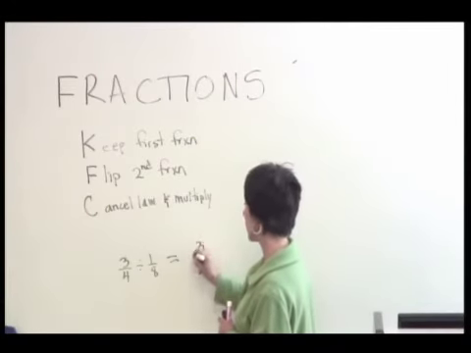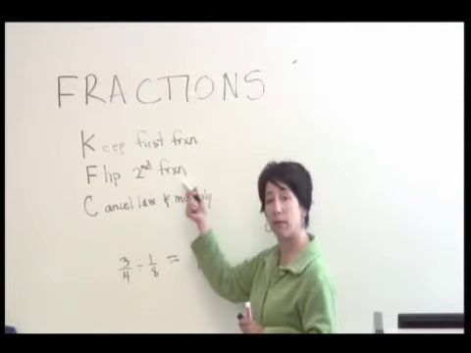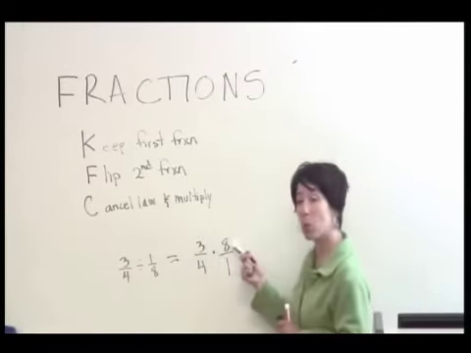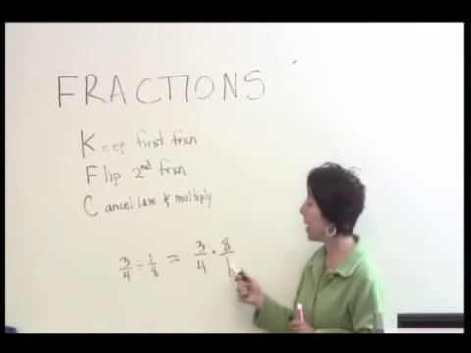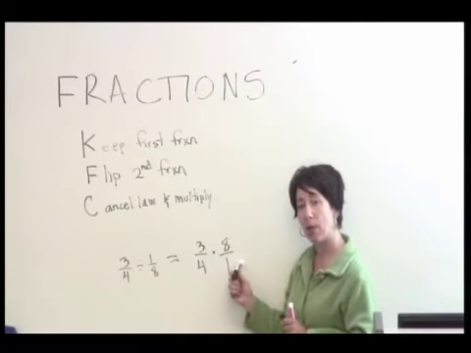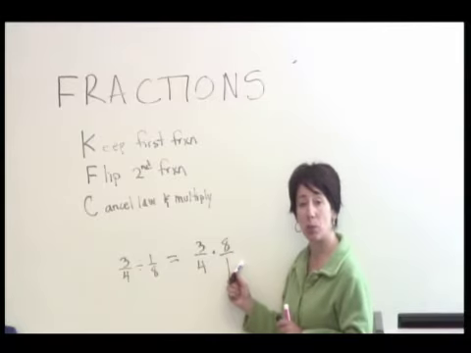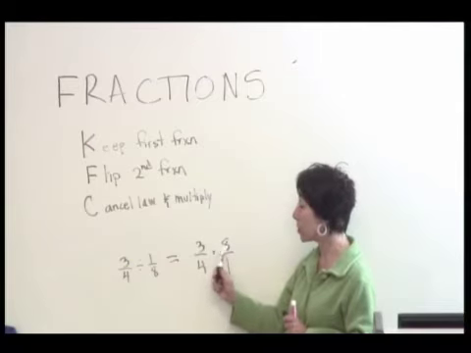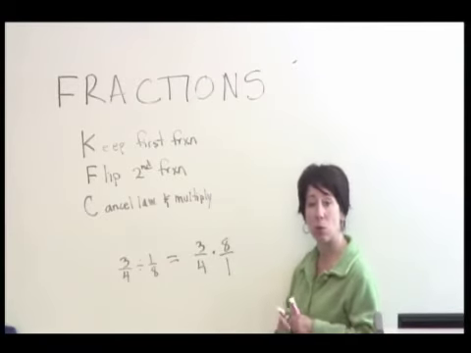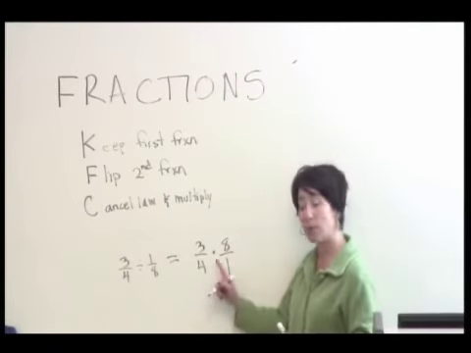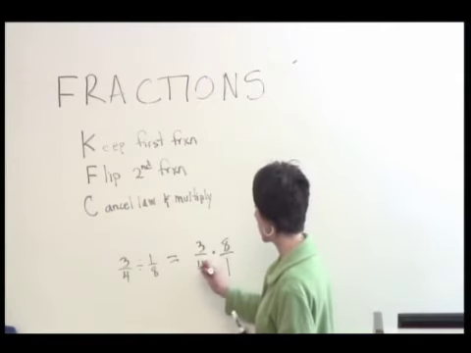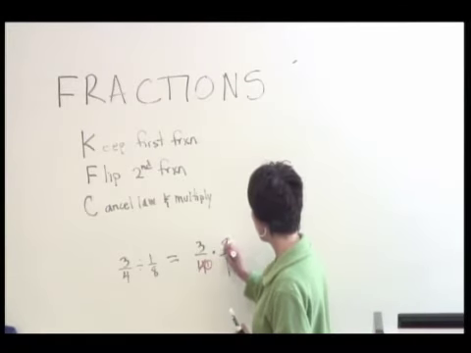We're going to keep the first fraction. We're going to flip the second. So that becomes 8/1. And once we flip the second one, it actually turns into a multiplication problem. So we're going to use our cancel law and multiply across as if it were a multiplication. 4 goes into 8 2 times, and it goes into itself 1 time.